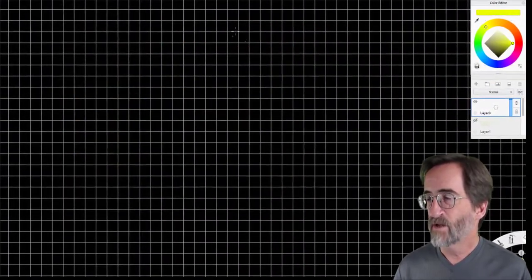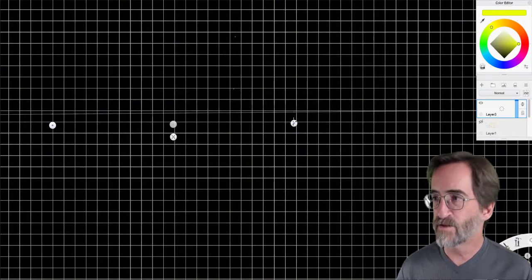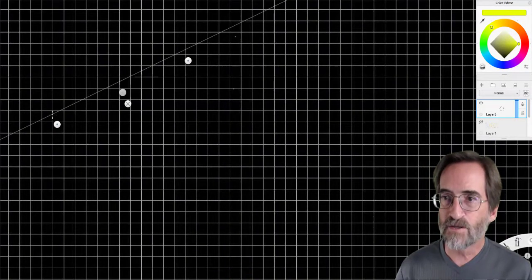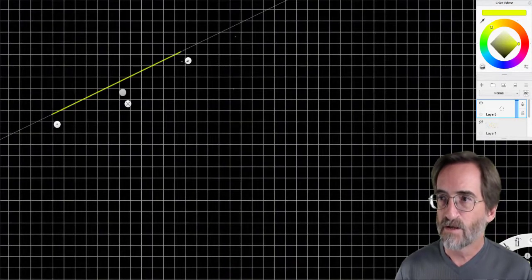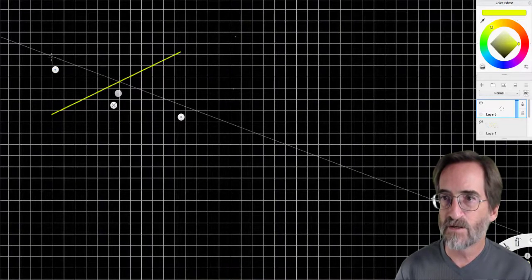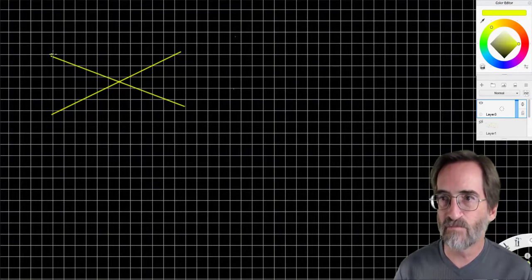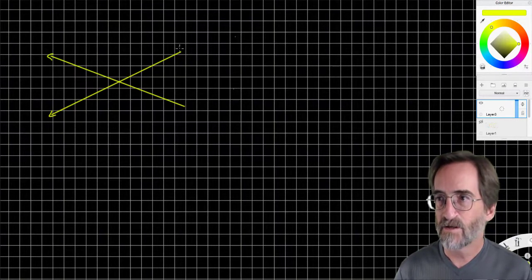Okay, vertical angles are defined as two angles sharing the same vertex whose sides form opposite rays. Or more loosely, you can think of it as angles formed by two intersecting lines that are across from each other. So angle 1, angle 2, and I'm going to put angle 3 right here.